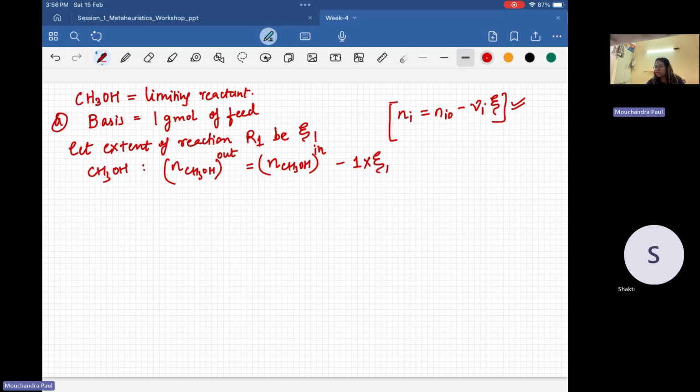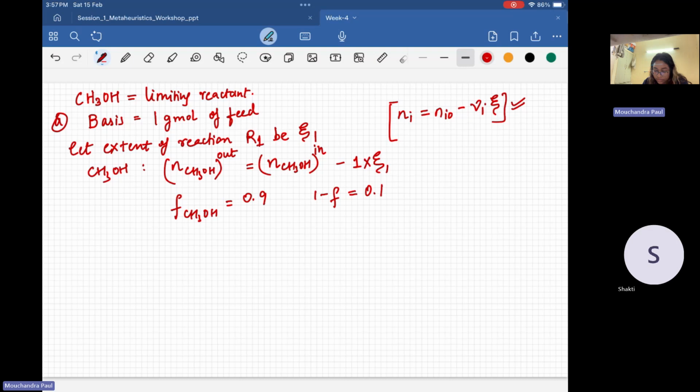Okay, so this is the expression. Now, there is 90% conversion of methanol, so the fractional conversion F for methanol is 0.9. That means the methanol that is unreacted is going to come out, 1 minus F, which is 0.1.